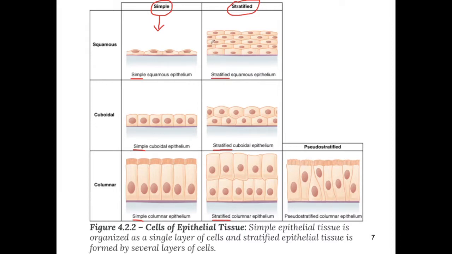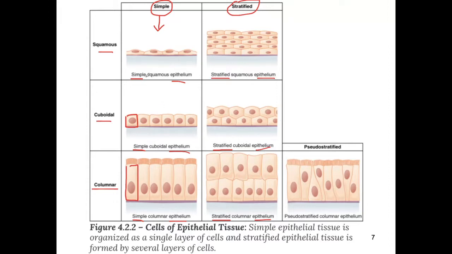What's the shape? They're closely packed together. That's the first question. So we know it's epithelium once we see cells closely packed together. And then the next question we would ask is, what's the shape of the cell? If they're flat and irregular, it's squamous. If they're square or cube shaped, it's cuboidal. And if they're tall columns with a nucleus, then they're columnar.